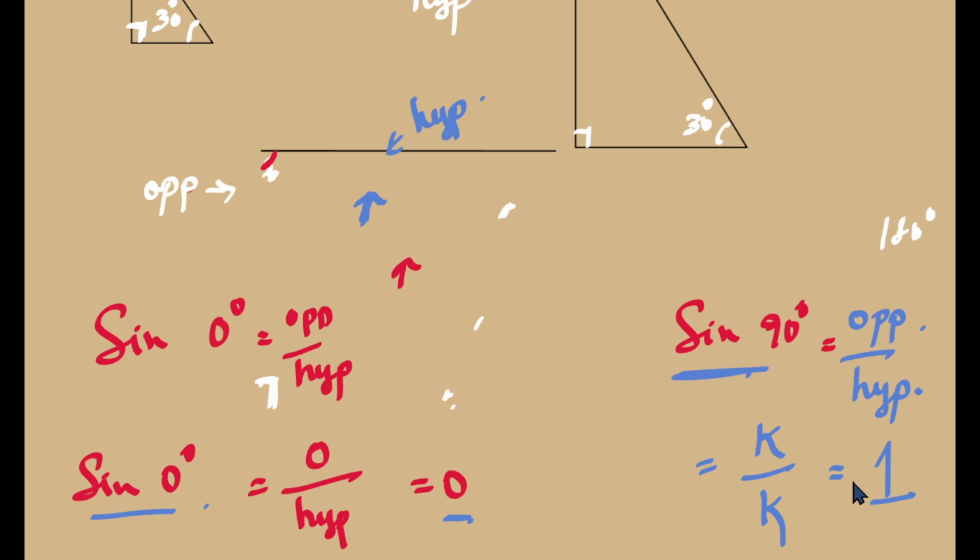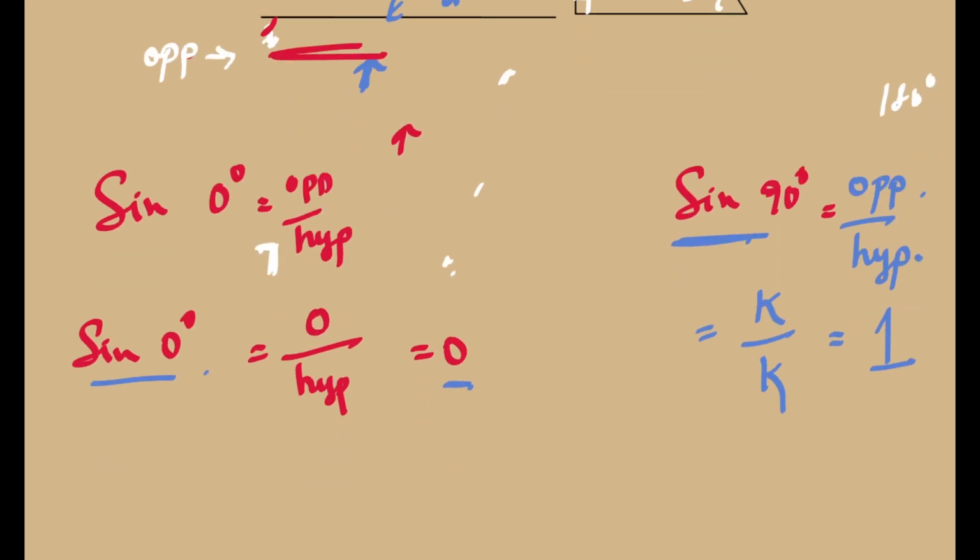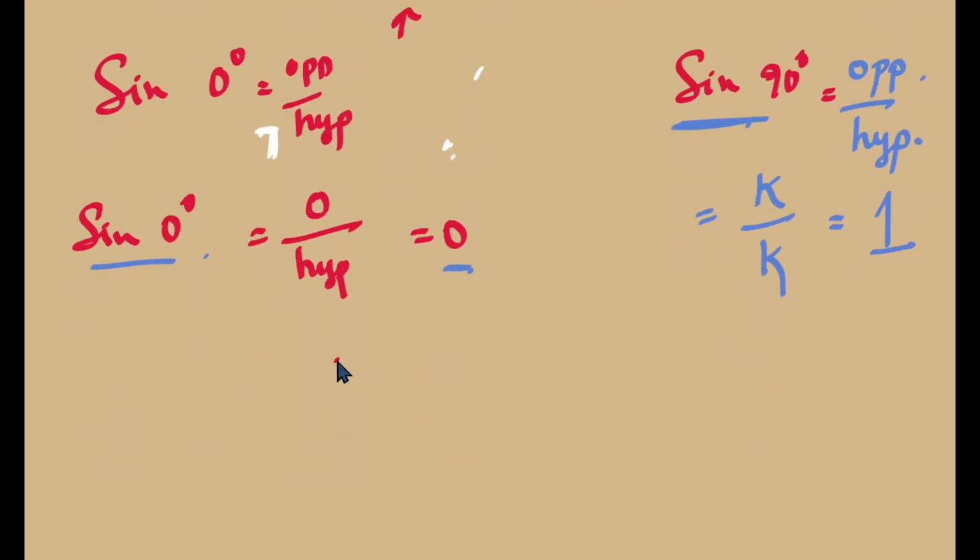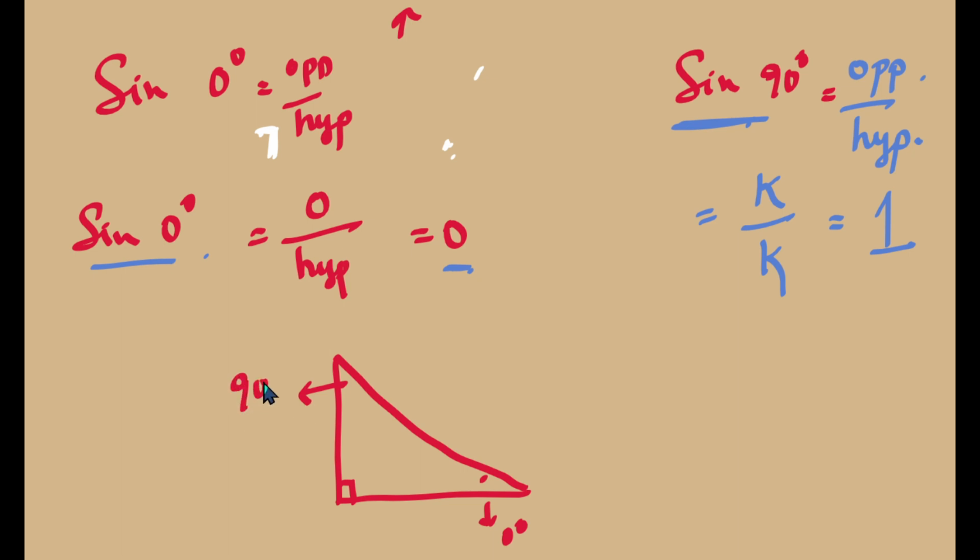I hope you understood what we were trying to do with this figure over here. In any triangle, I'll draw it for you, this is 90 degrees, and we were just trying to make this angle become 0 degrees and this angle become 90 degrees, and we found the values of the trigonometric ratios sine 0 and sine 90.